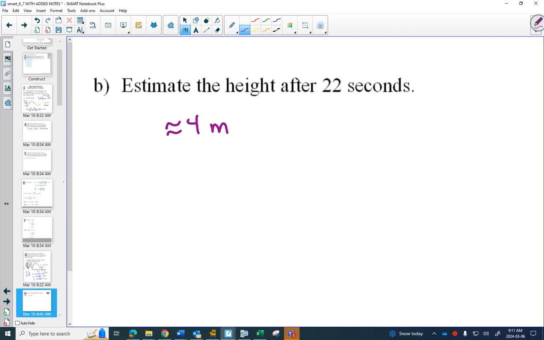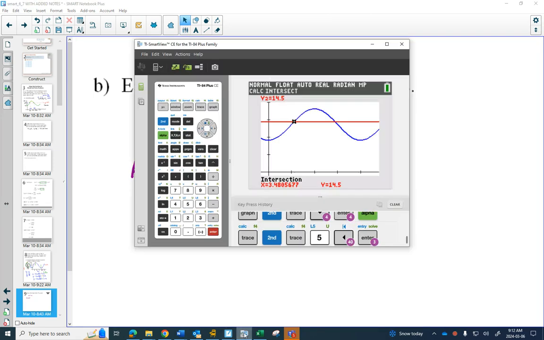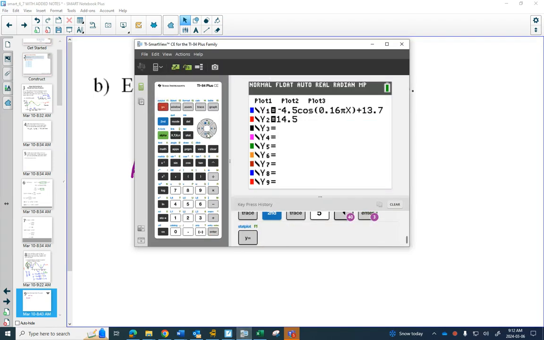Okay, what's the problem with an estimate? Well, my graph scale wasn't the greatest. Unless I draw things really accurately, going from my graph might give me an answer that's a little bit off. So how could we find the actual one? Well, I can put this into my graphing calculator or into Desmos. This time my graph was 15.